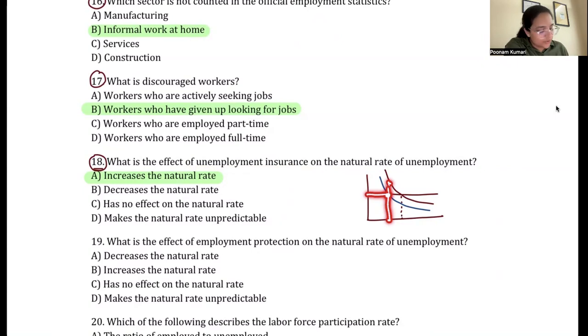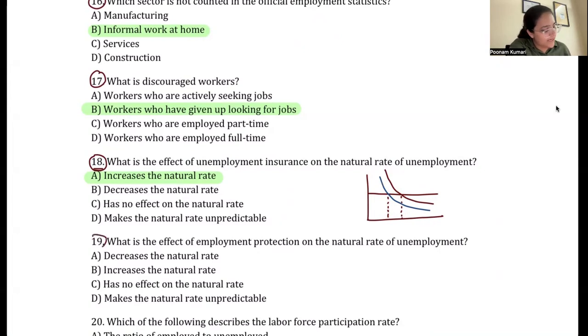Yes, ma'am. Got it. I was confused. This will be the case at every single point. The price setting relation remains the same. So if we look at the equilibrium, earlier it was at this point, now it is at this point, which is at a higher rate of unemployment, right? Okay?